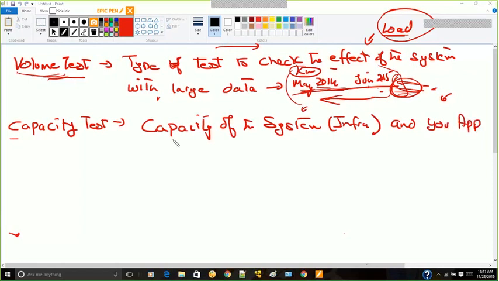What do you mean by capacity testing? It means how many users or transactions a given web application can handle until the performance degrades.